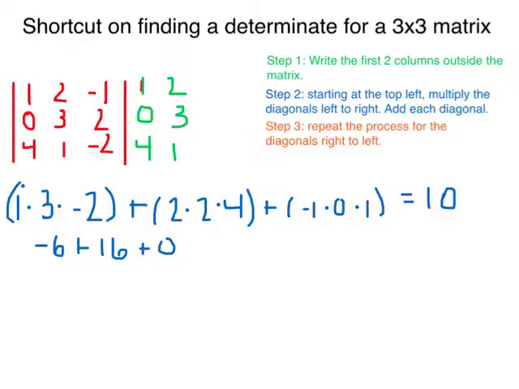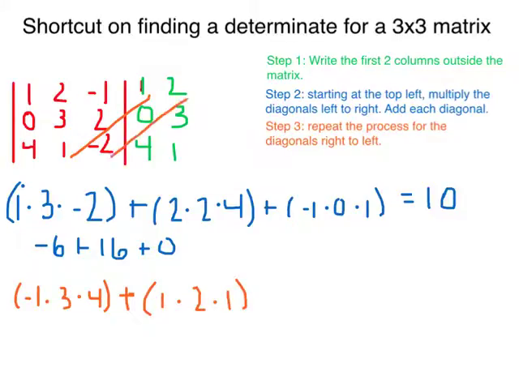So what we have is negative 1 times 3 times 4, plus 1 times 2 times 1, then we have this one, plus 2 times 0 times negative 2.